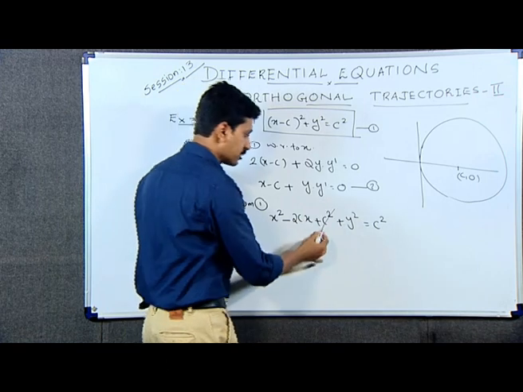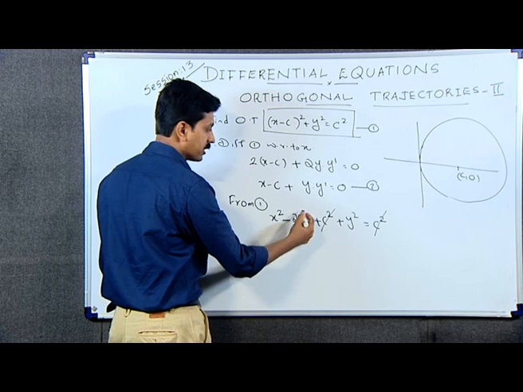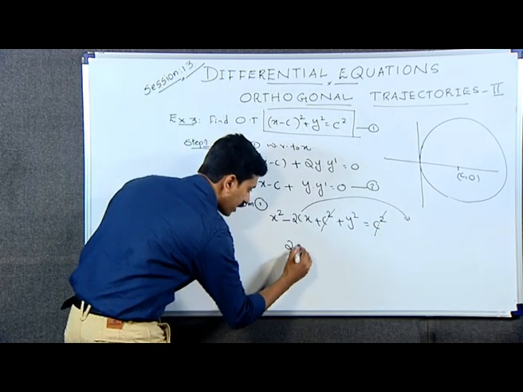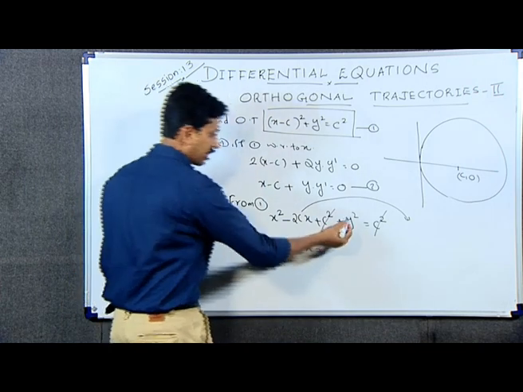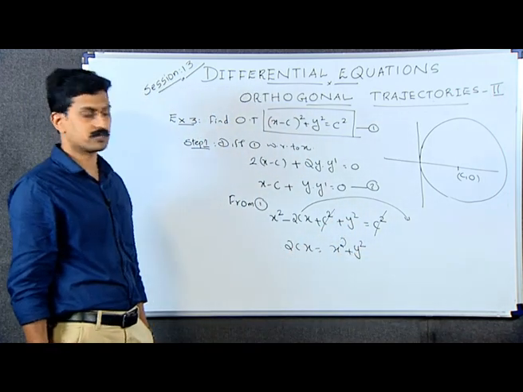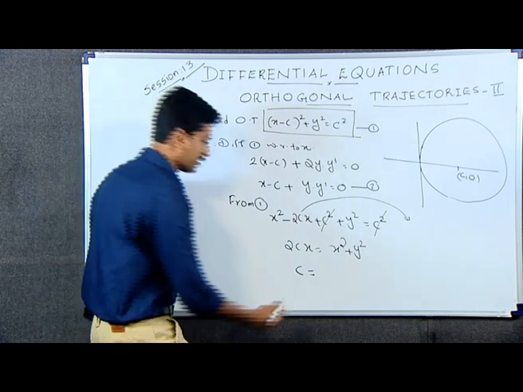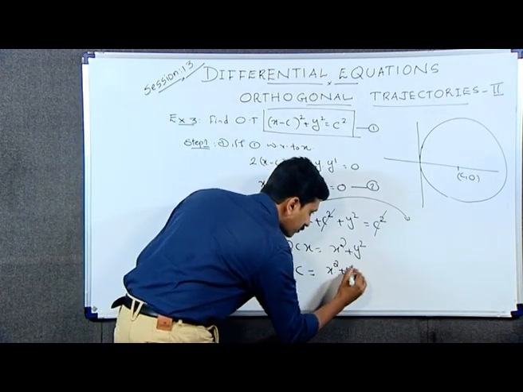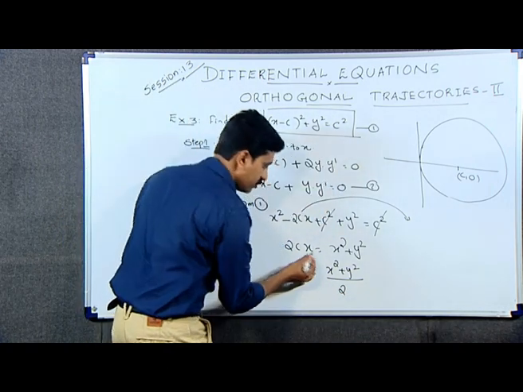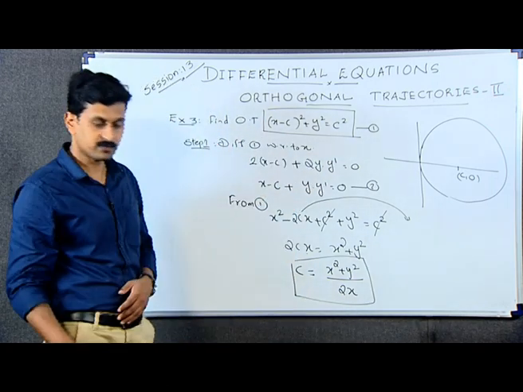We can cancel c square on both sides, so we have 2cx is equal to x square plus y square. Therefore, c is equal to (x square plus y square) divided by 2x.